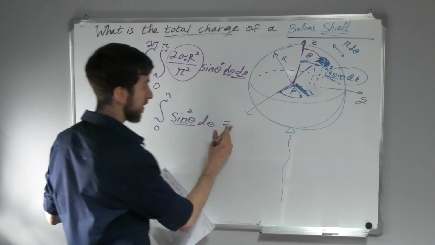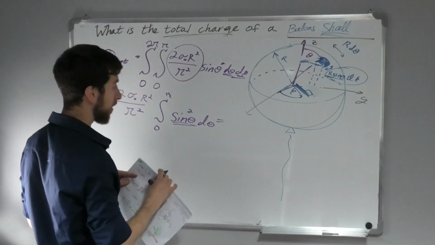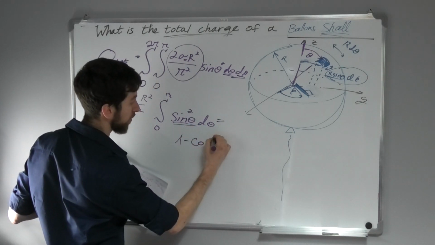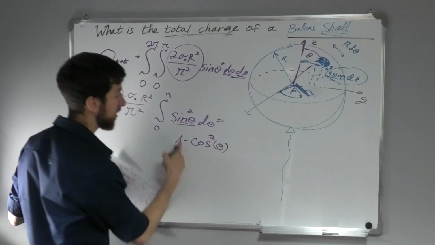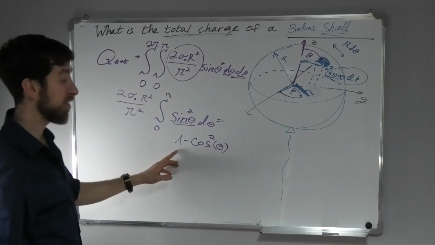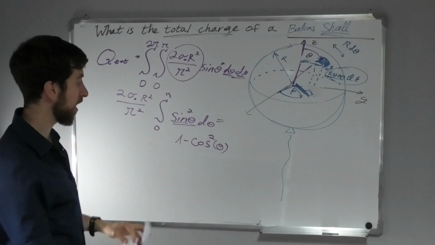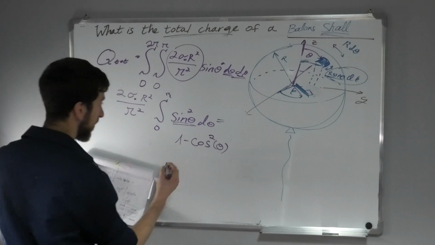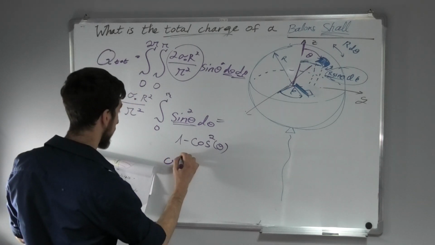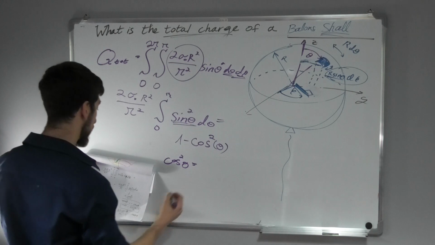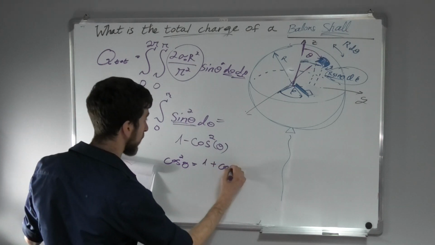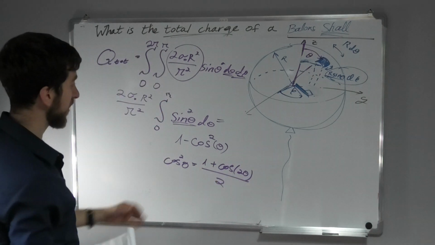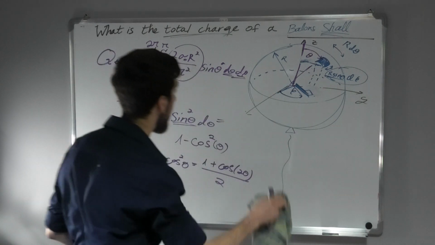So how are we going to do it? We're going to do it with two equations. The first one is I'm going to change it to cosine squared theta, since sine squared plus cosine squared equals 1. And for cosine, I remember another equation, which is that cosine squared theta equals 1 plus cosine 2 theta over 2. So using this one, from now on it's only a math thing.